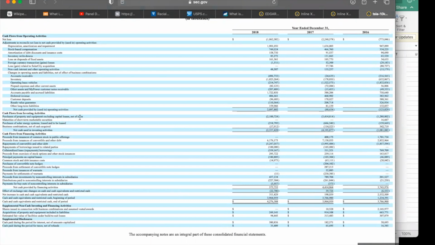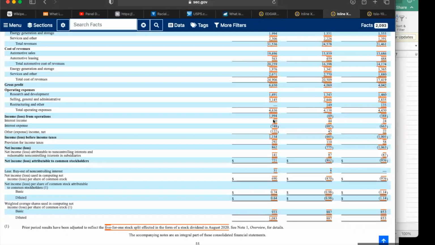Investing activities. Purchases of solar and energy. That caught my attention. And that seems like it's something that they're going to have to do on a going basis, and that is part of CapEx. So I said, well, that should be included. And that's the way I did it.